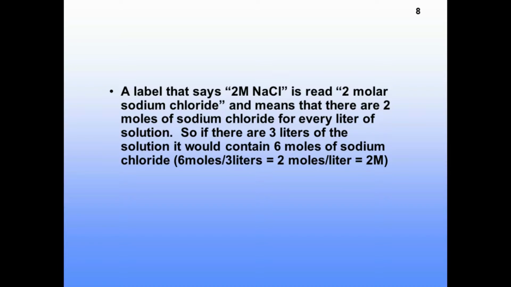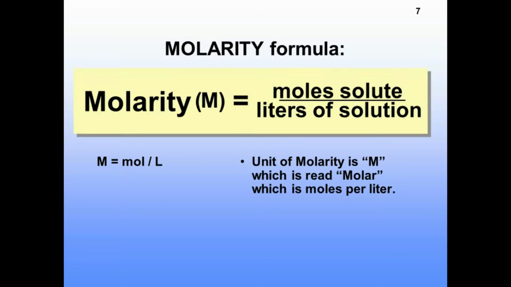2 moles for every liter of solution. So if there are 3 liters of this solution, how many moles are there going to be? Yeah, there are going to be 3 moles. So if I have a 2 molar solution and I have 3 liters of this solution, how many moles do I have then? 6.